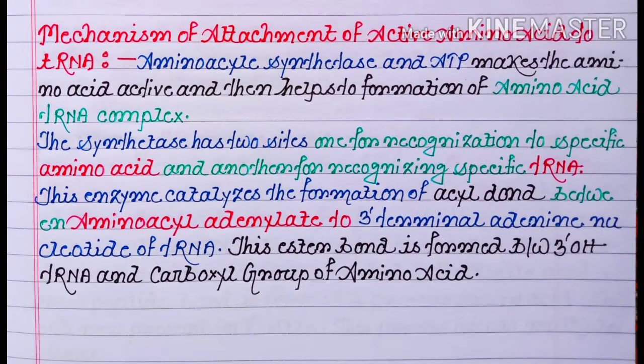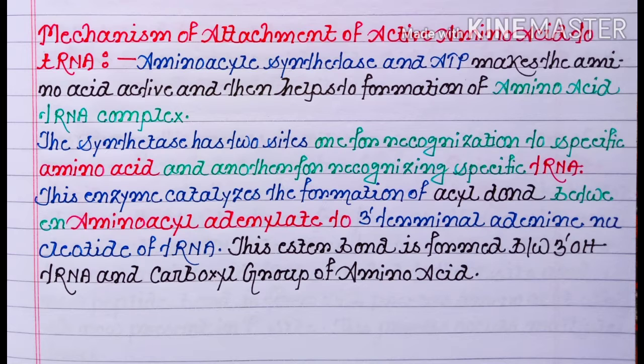Now the process of attachment of active amino acid to a tRNA. Aminoacyl synthetase and ATP make the amino acid active and then help in the formation of the amino acid-tRNA complex. This synthetase has two sites, one for recognition of a specific amino acid and another for recognition of a specific tRNA.